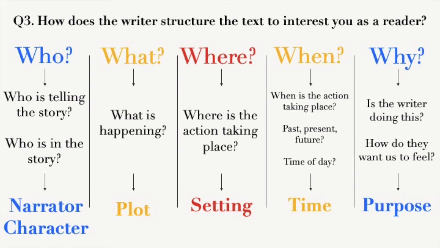And the last one that we've said, why, and I've already used this word, is all about the purpose. If you can understand the writer's purpose, so for example, if they're writing a horror text, then the purpose might be to frighten us, to scare us. If they're writing a romantic text, well, it might be about trying to pull on our heartstrings a little bit.